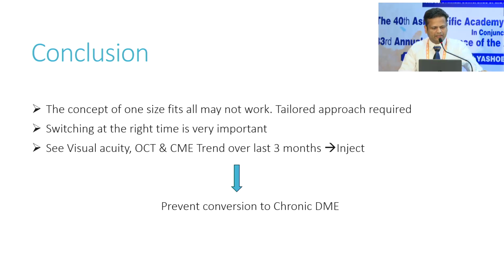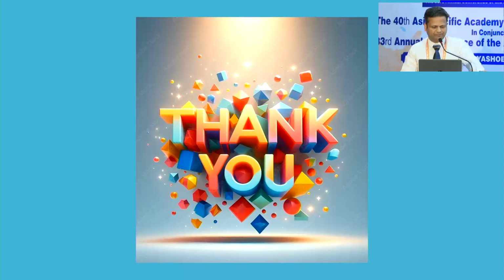So switching at the right time, not early, not late, is very important. So not just check visual acuity, OCT, and inject, but also see visual acuity, OCT, and CME trends over the last 3 months, and then only inject, thus preventing conversion to a chronic diabetic macular edema. Thank you very much.